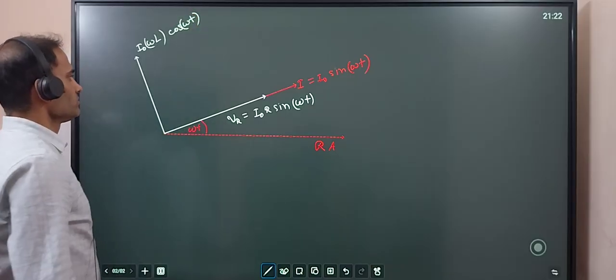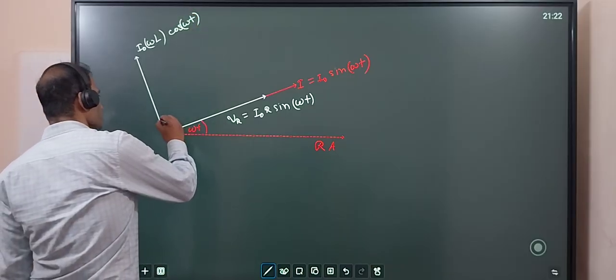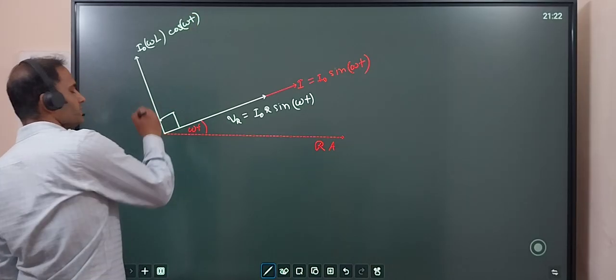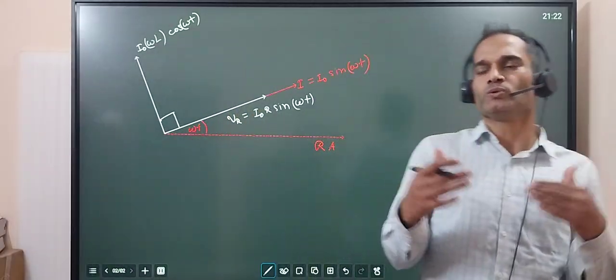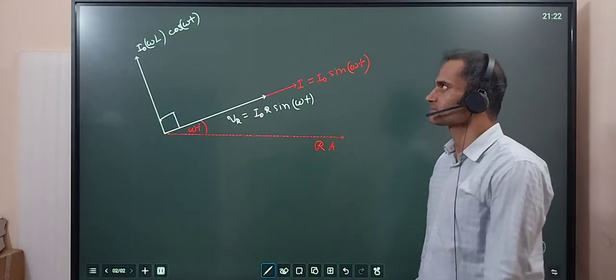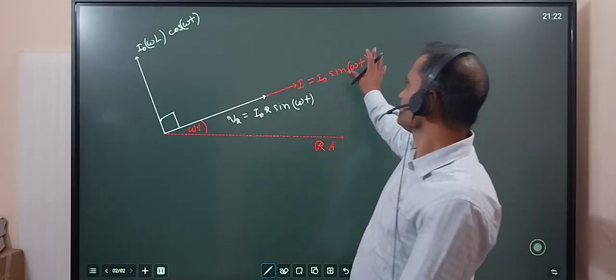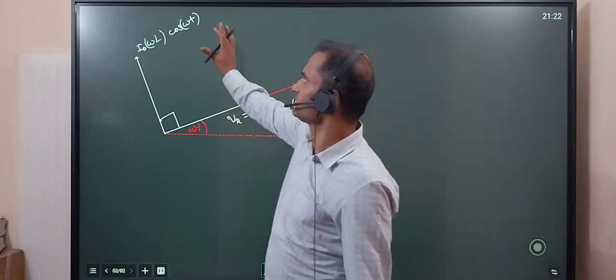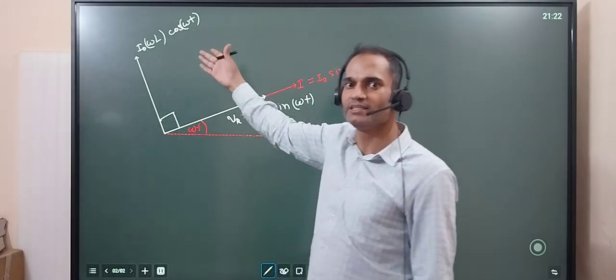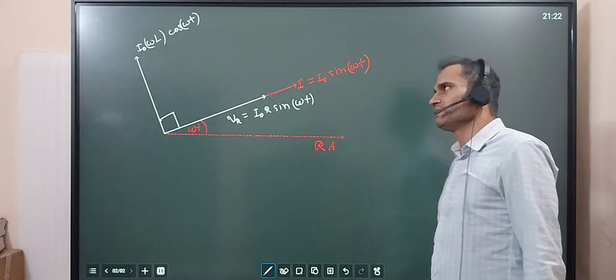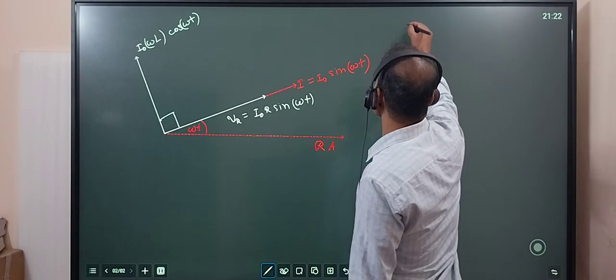Okay, so we already know this part. Sine omega t and cos omega t are pi by 2 angle apart. If one phasor is sine omega t, the other phasor is cos omega t, and cos omega t will be leading by an angle pi by 2. I will show you again.